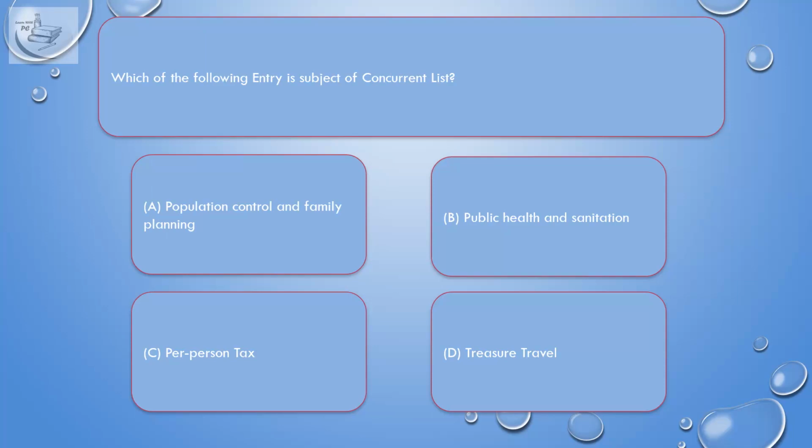Question: which of the following entry is subject of concurrent list? A. Population control and family planning. B. Public health and sanitation. C. Per person tax. D. Treasure travel. Correct answer is A. Population control and family planning.